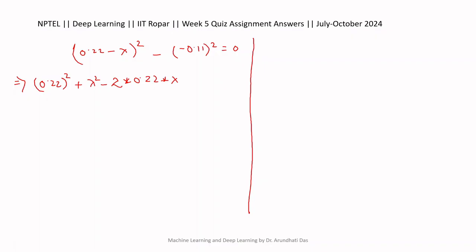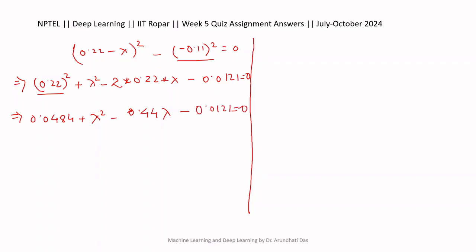And here the last one will be 0.0121. So this value will now be 0.0484 plus lambda square is still there, minus 0.44 lambda, and lastly minus 0.0121 equal to 0, right?